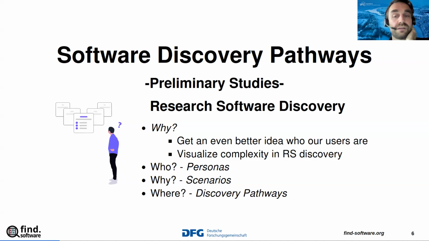So to get an idea who our users are and to visualize the complexity in this whole research software discovery process. So what we did is that we analyzed personas. We came up with scenarios which trigger a research software discovery, and then we analyzed where this discovery actually happens, and this is something that we name discovery pathway.